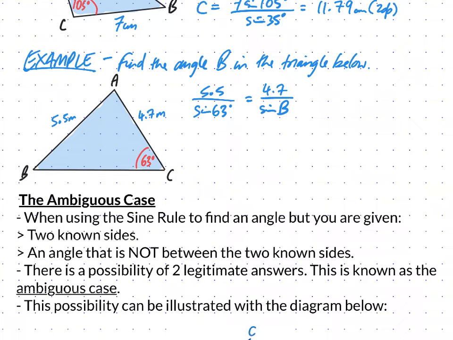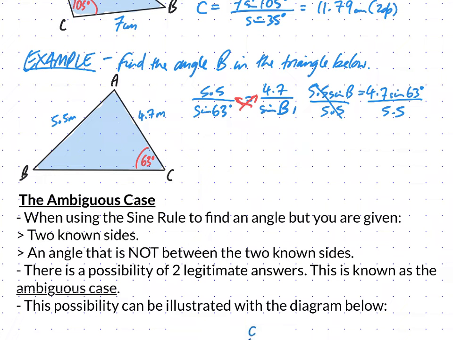Cross multiply. I'm going to go to the right here because I might run out of space. 5.5 sine of B is equal to 4.7 sine of 63 degrees. I want sine of B by itself, so I divide both sides by 5.5.